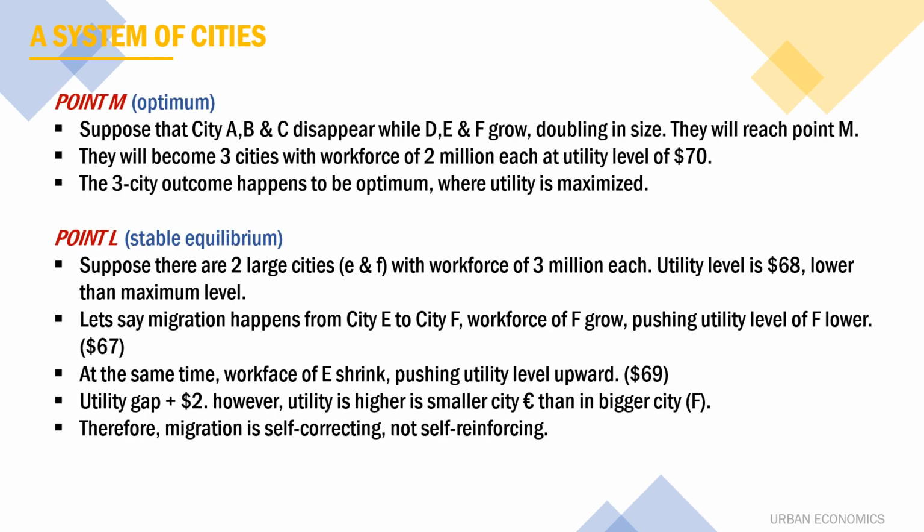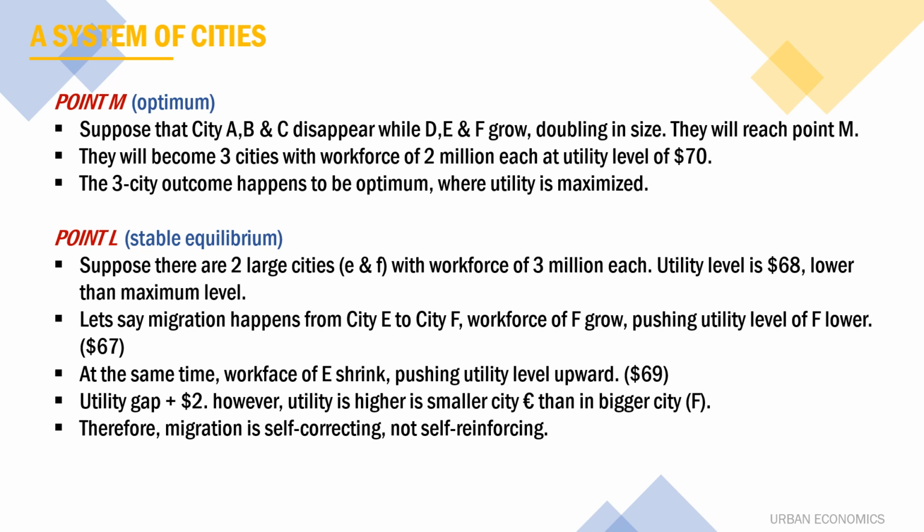At point L, suppose there are 2 large cities, E and F, with a workforce of 3 million each. The utility level is $68, lower than the maximum level. Let's say the migration happens from city E to city F. The workforce in F will grow, pushing the utility level of F lower to $67.